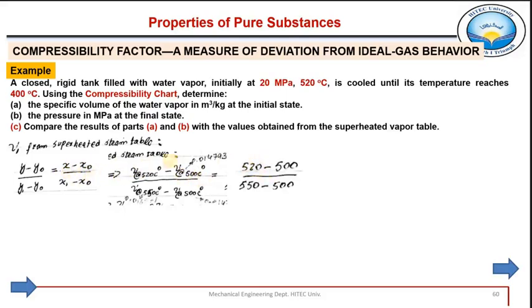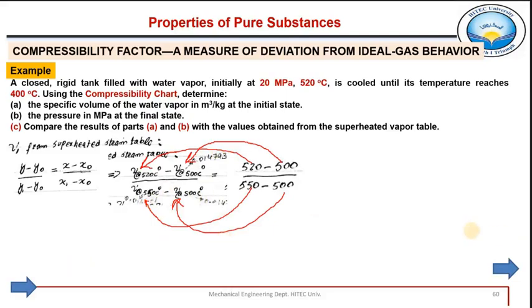X is the temperature at which we want to find out V. These are the temperatures at which V is given, the previous value and the next value. So this is the only unknown.